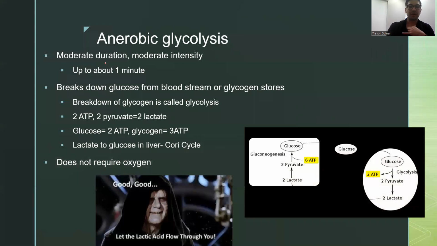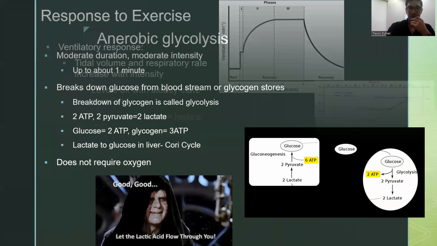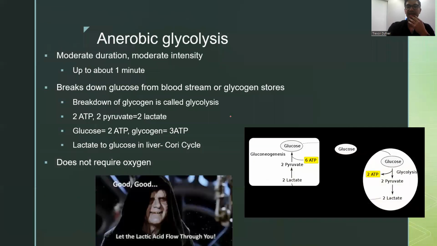With this, we still include anaerobic glycolysis, so moderate duration, breakdown of glucose and glycogen from the bloodstream and from the muscles. This does not require oxygen, but this is important because this is what begins to produce lactate and acidosis.